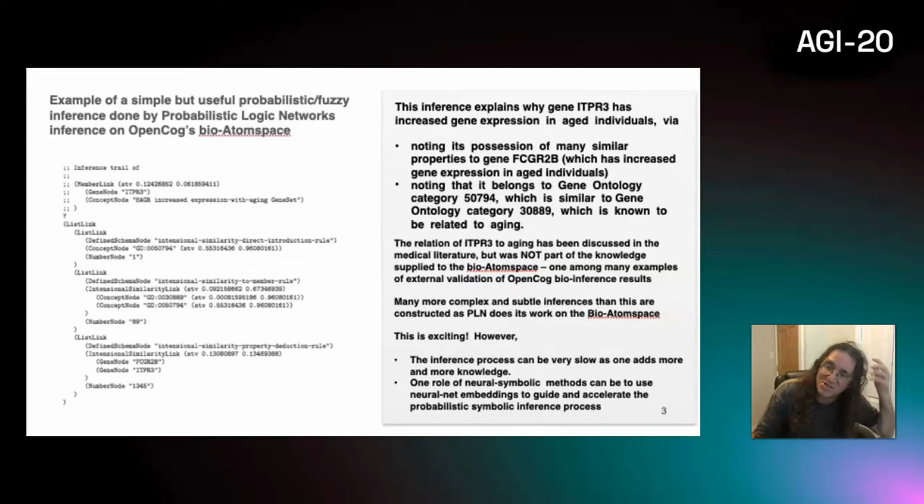So this is one case where cognitive synergy between logical and vector-based methods could play a role. If you could project the nodes and links involved in a logical inference into a vector space, and then use something in the vector space to help you figure out what direction the logical inference should go in, then you're cutting through the combinatorial explosion in logical inference.